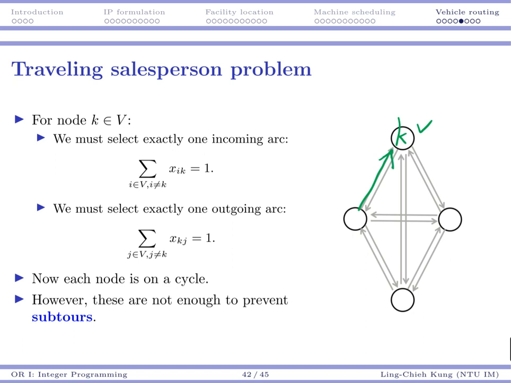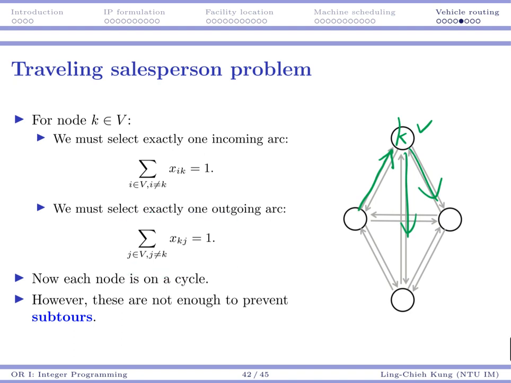So that makes sense because you need to travel through all the nodes. There must be one out of these 3 that should be selected. And then it also says that for each outgoing arc, you need to select one of them. So for example, here and there, these 2 links, one of them must be selected.